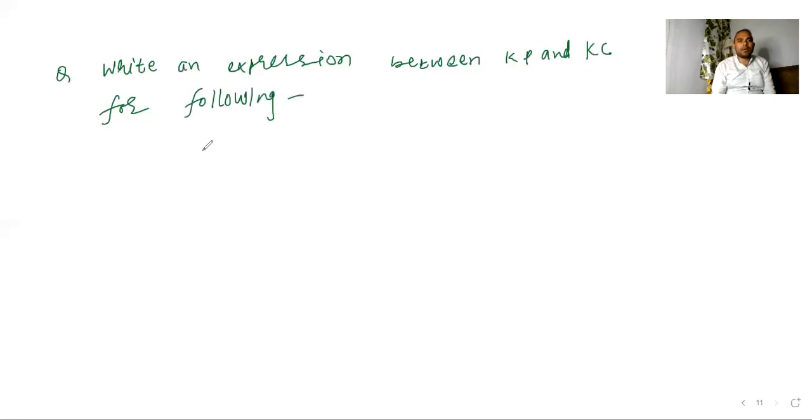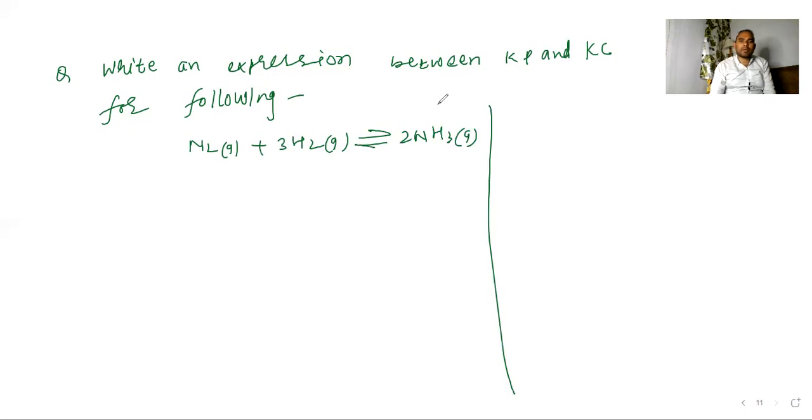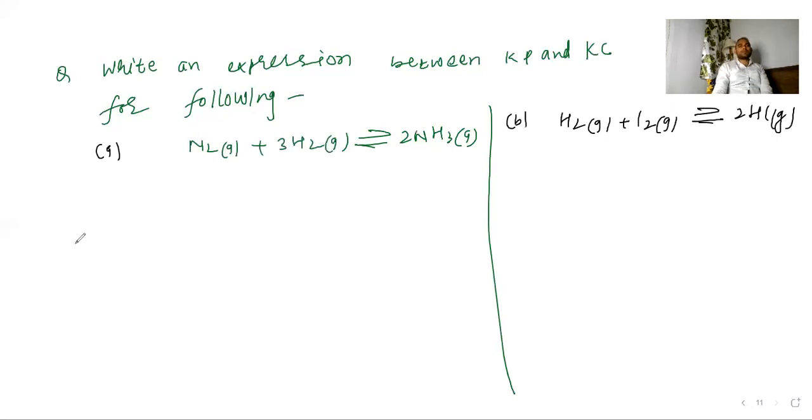I'm giving you two equations. A: N2 gas plus 3H2 gas giving rise to NH3 gas. B: H2 gas plus I2 gas giving 2HI gas. So write the expression between Kp and Kc.